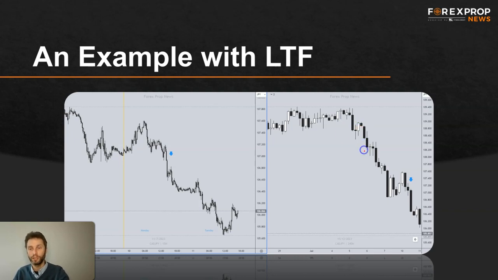So on the 4-hour, you'd be seeing a trending market, expecting it to continue. And because of that, in this trending market, in this case, your direction is down, not up. Then you'll be looking at the lower time frame, which is the 15-minute, to find your entries.